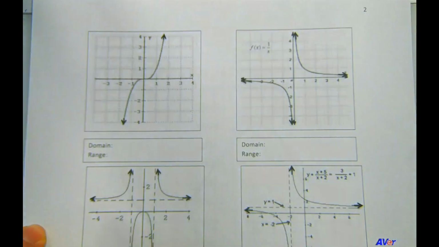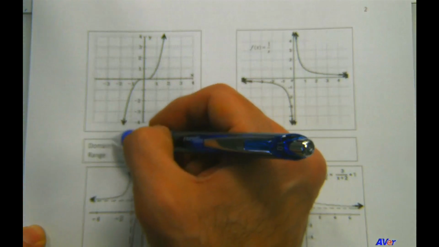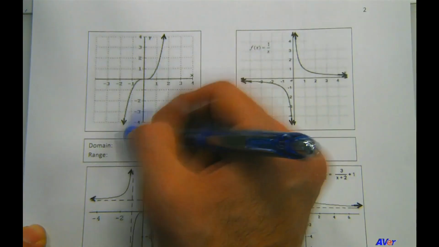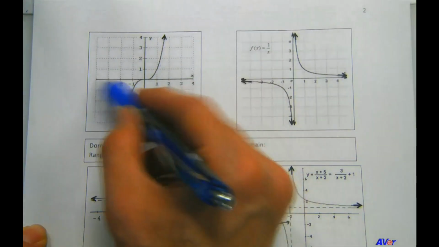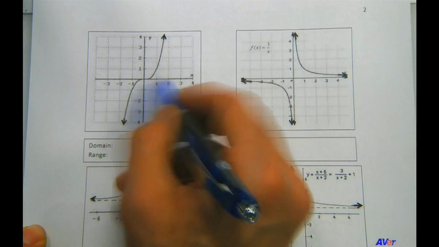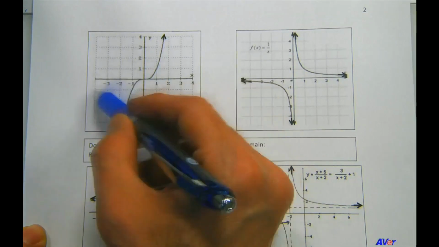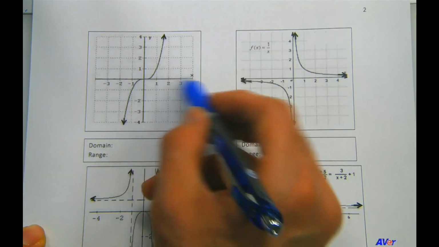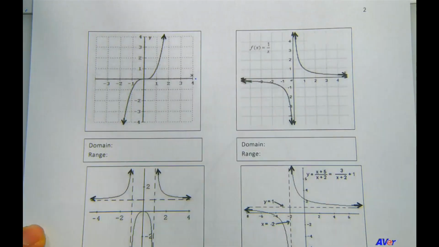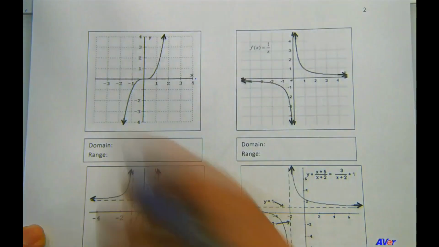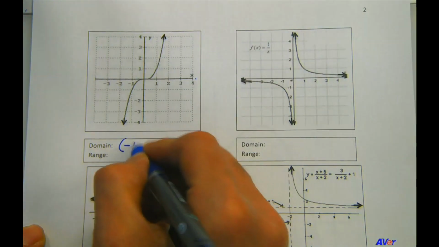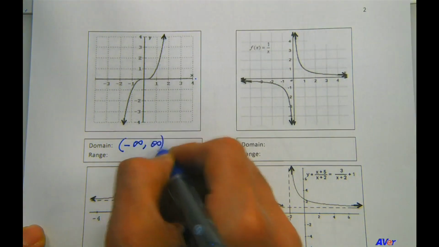This function will accept all x values on the negative side and all x values on the positive side. So there is no restriction along the x-axis, so the domain is negative infinity to infinity.